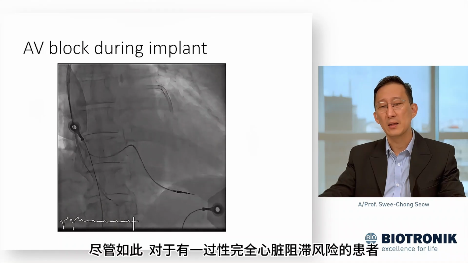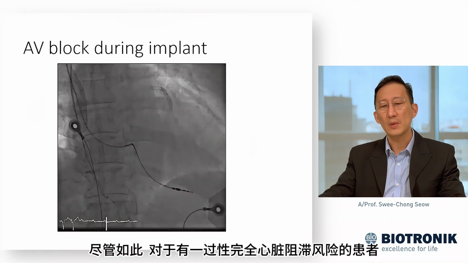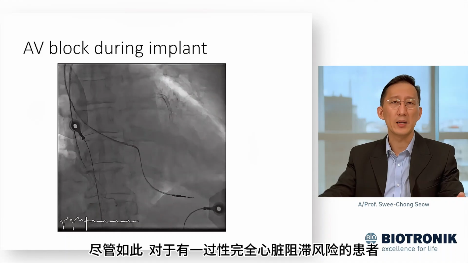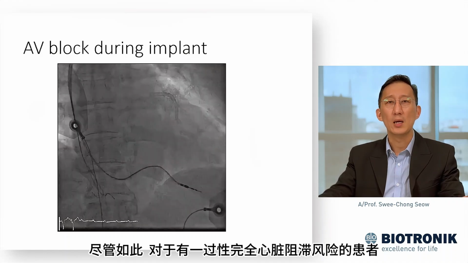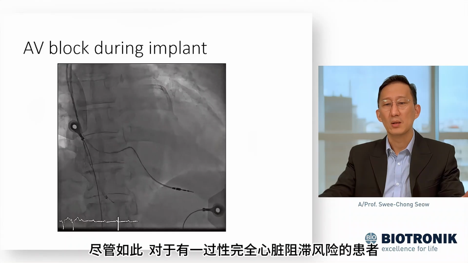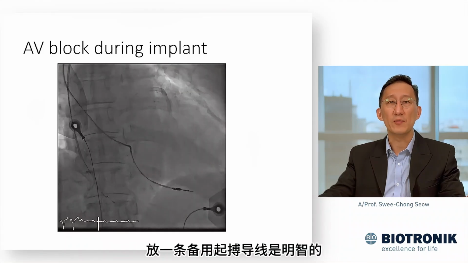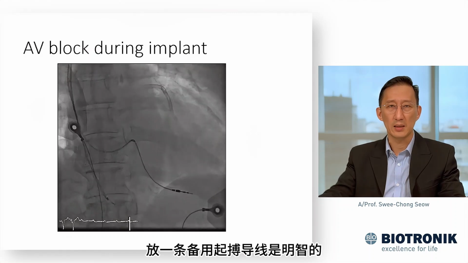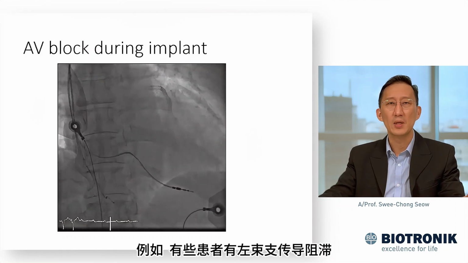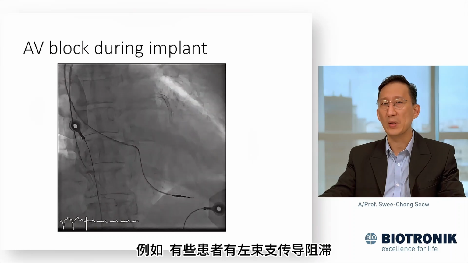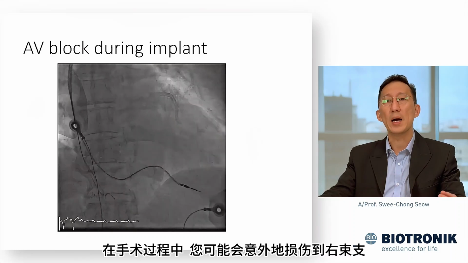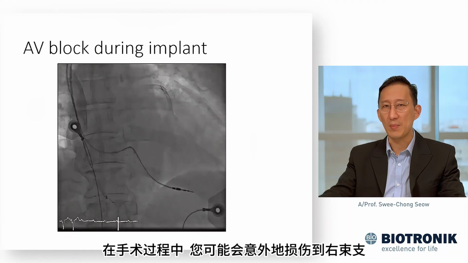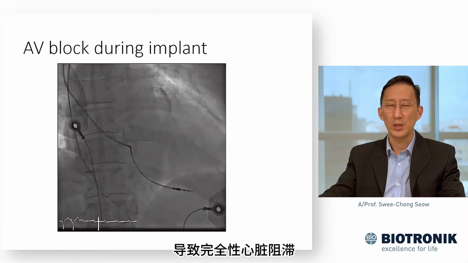But nonetheless, it is good to have a backup pacing lead, as I mentioned in my earlier talk, if you have patients who have transient heart block or who are likely to develop complete heart block while you are doing this kind of manipulation. For example, someone with pre-existing left bundle branch block, and you might accidentally knock the right bundle and you get complete heart block during the process.